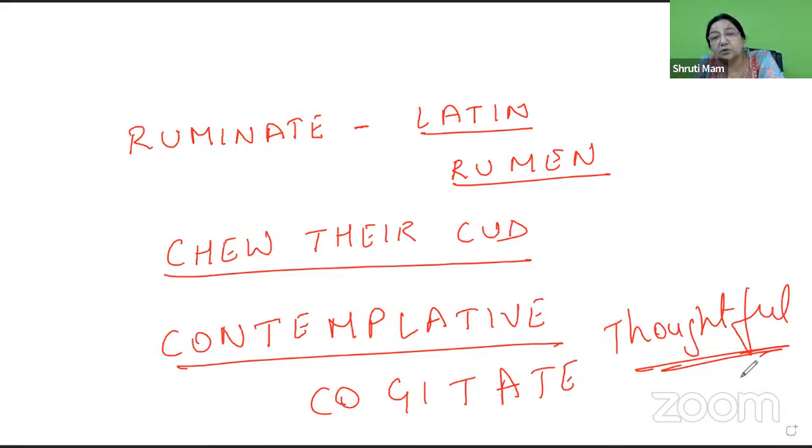Clear? So contemplative, then cogitating. It can also be an argument which can be self-deprecating, contumely, and vitriolic. Clear? So the learning of the day: words with bitter humor, teasing, thinking, and sadness.